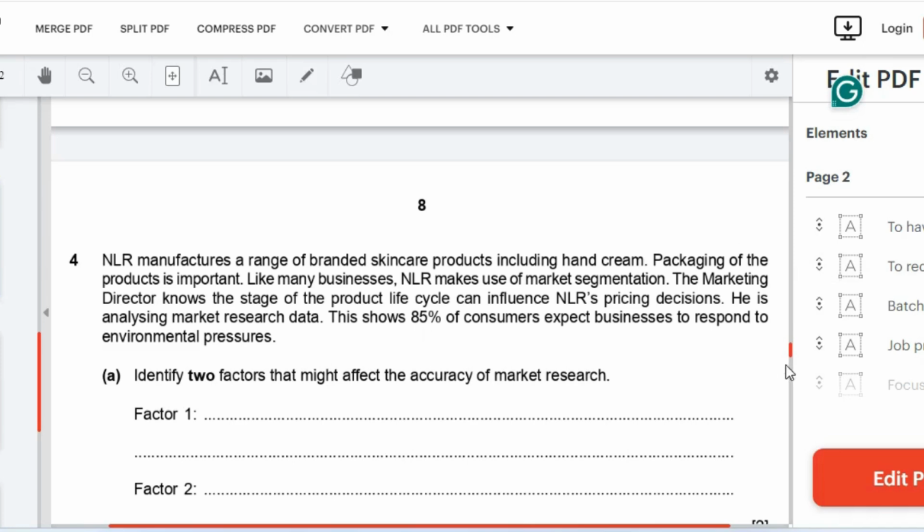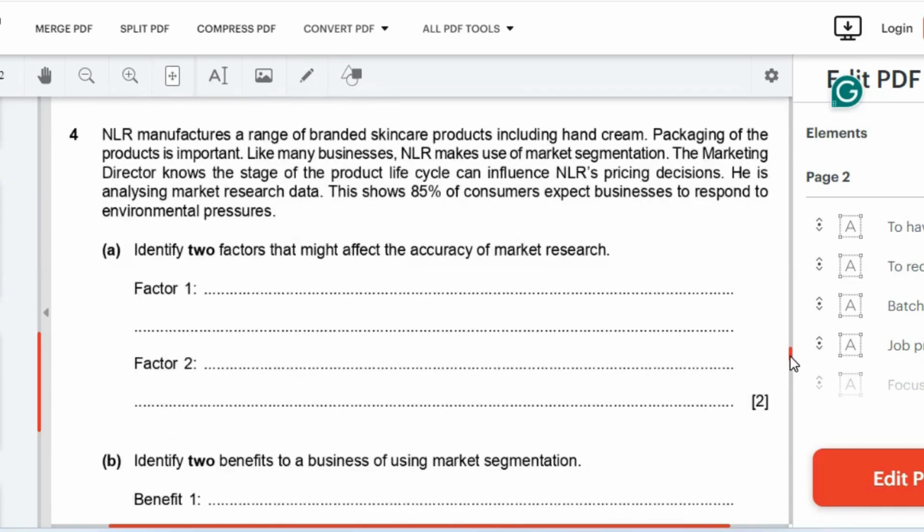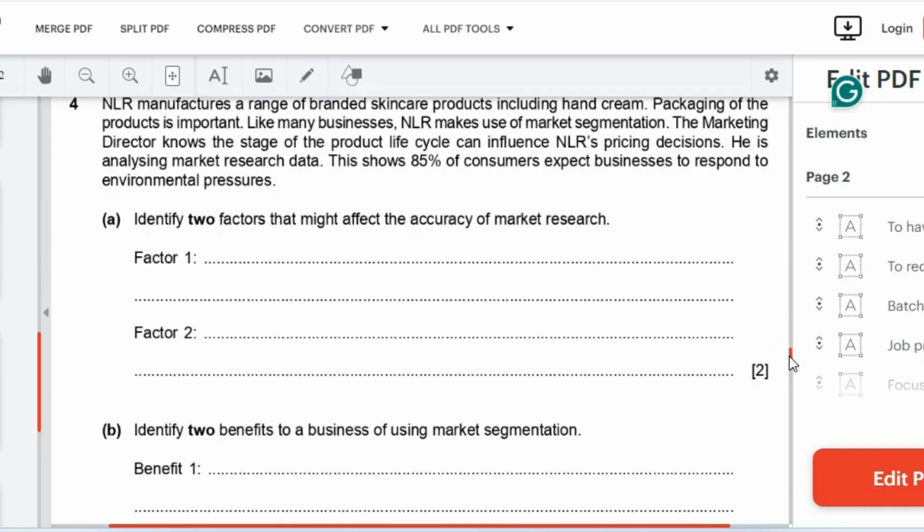Now, what is the question underneath here? We have 4A. Identify two factors that might affect the accuracy of market research. Of course, there are a lot of factors that might affect market research accuracy. But the first one I'm giving here is the sample choosing.